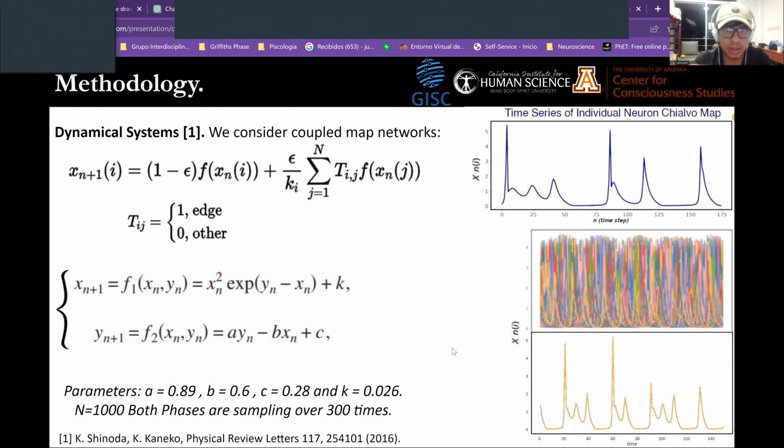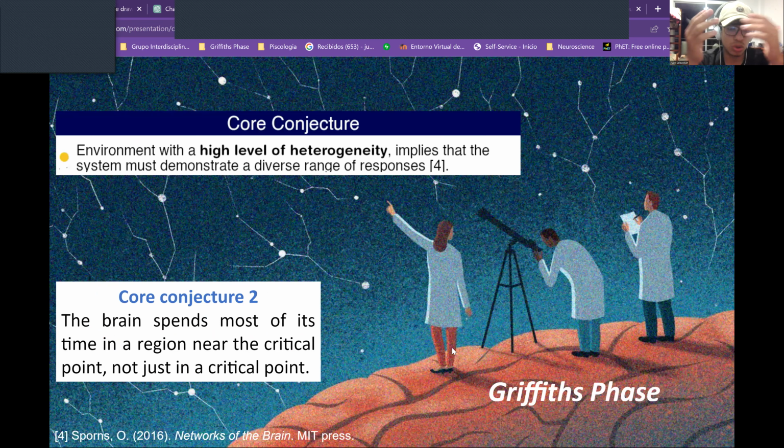So the main idea to bring our model closer to the real world comes from an MIT book called Networks of the Brain by Olaf Sporns. He said that environments with a high level of heterogeneity imply that systems that live in this environment must demonstrate a diverse range of responses, also a heterogeneous kind of response.